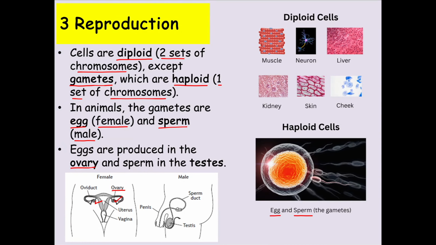And for the males, we have an organ down here called the testes, and the testes are where sperm are produced. The testes produce sperm in very large numbers, whereas the ovary releases one egg a month. About 250 million sperm will be released each time via the testes. So it's a much larger number that are released in terms of sperm.